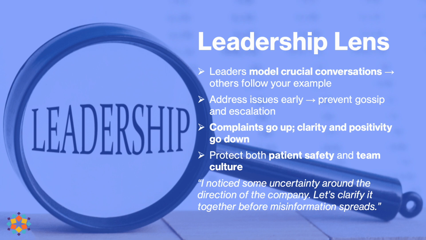A key principle is this: complaints should go up, while clarity and positivity should go down. Concerns and frustrations belong up the chain of command, where they can be addressed constructively. But when we communicate to our teams, what goes down should be encouragement, the facts, and a clear direction forward.